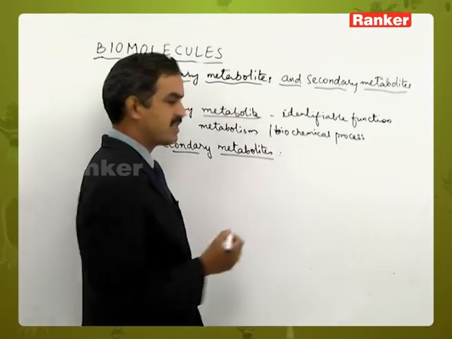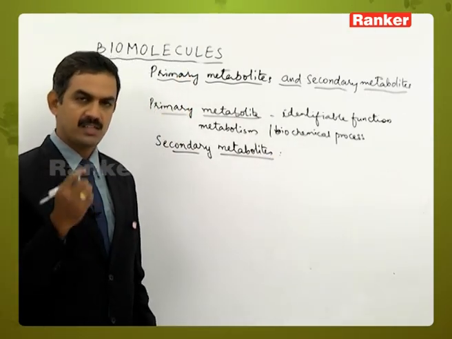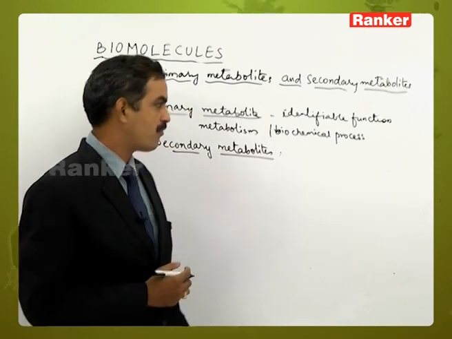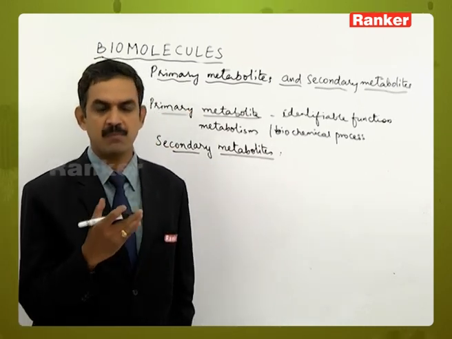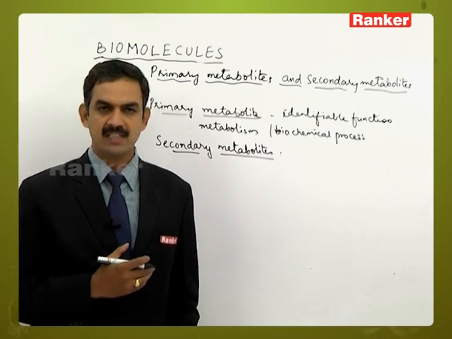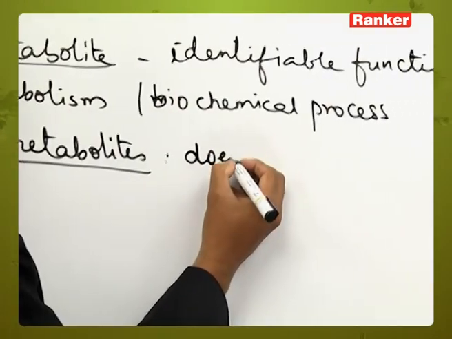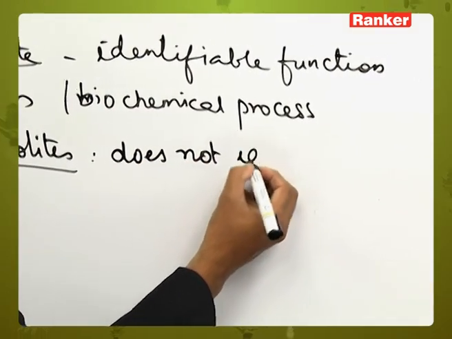These are synthesized inside the cell, and are also formed as a result of metabolic process or biochemical changes from one type of organic substance to another. But the thing is, they do not have an identifiable function inside the cell.